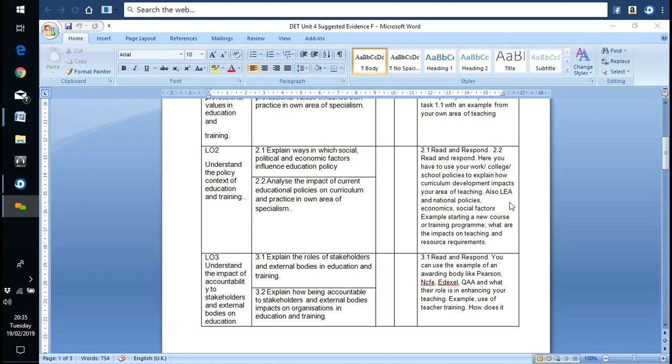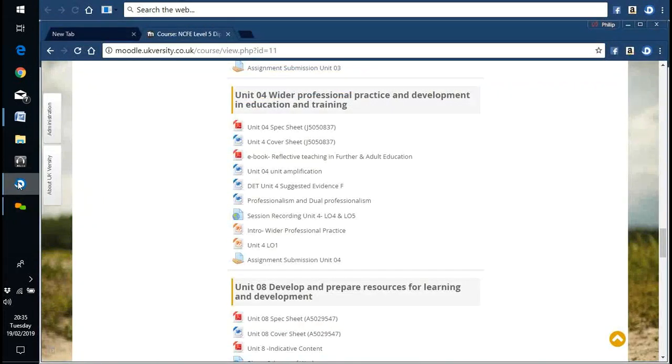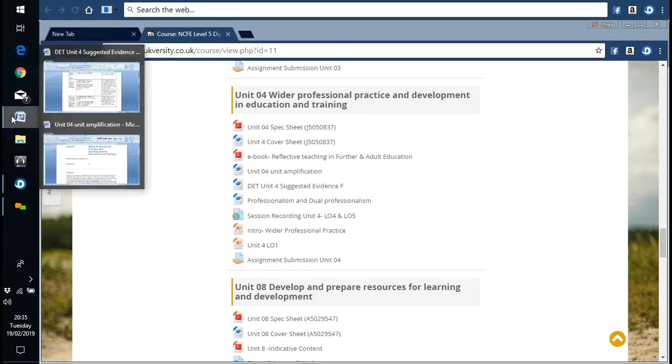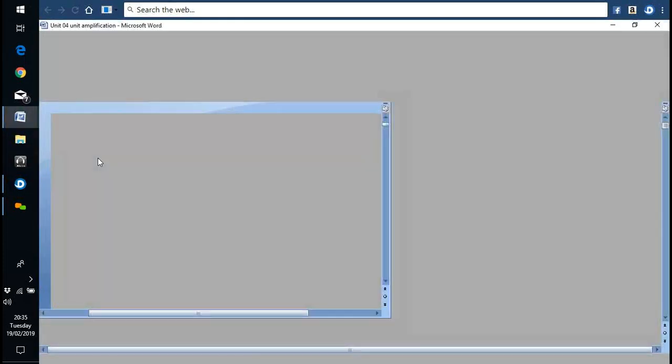Example, starting a new course or training programme, what are the impacts on teaching and the resource requirements that are going to be there for that particular programme that you're going to run. Now, those are two ways to look at that.